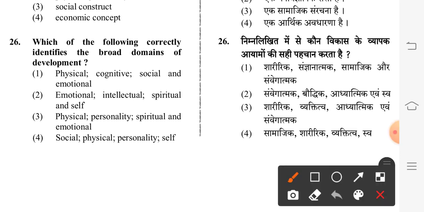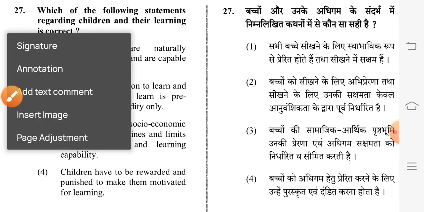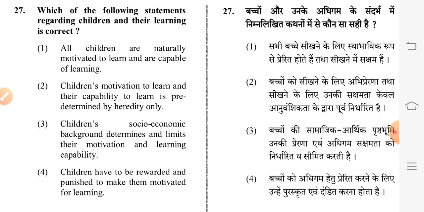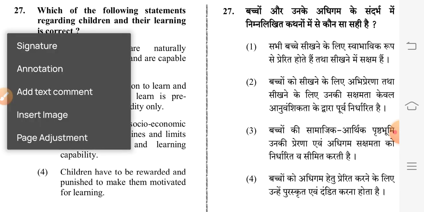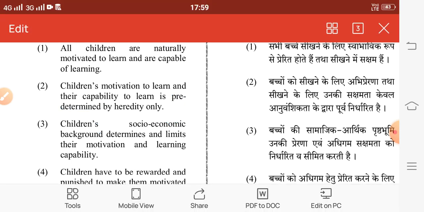First option is correct, physical, cognitive, social and emotional. Next, 27th question, which of the following statements regarding children and their learning is correct? All children are. Which option is correct? First, second, third or fourth?